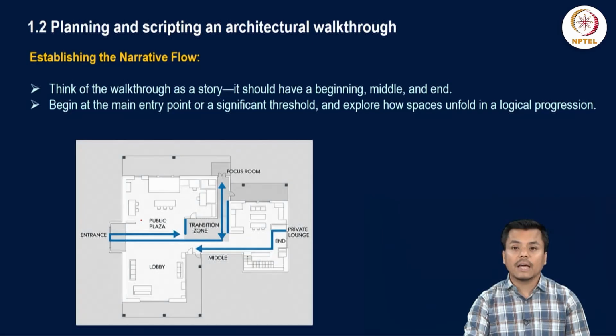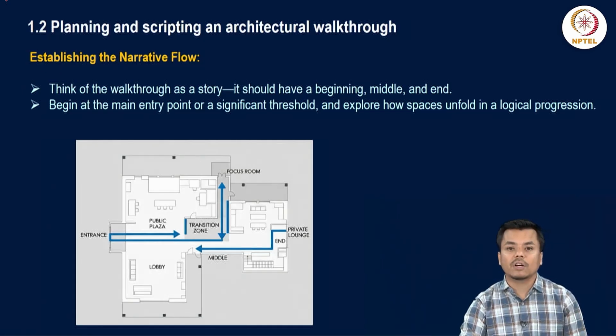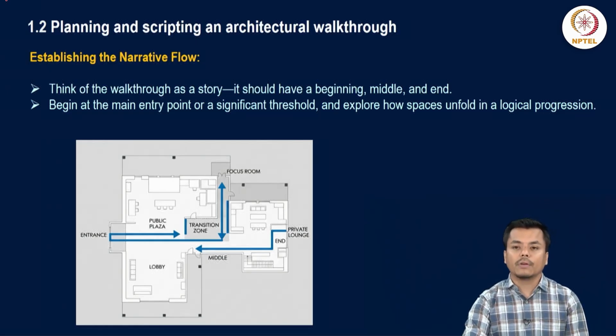So, establishing the narrative flow: think of the walkthrough as a story. You should have a beginning, middle and end. From where are you entering the structure, what different features will you showcase at the entrance, then which space has to be detailed out through the video, where you have to pause and go for a simple walk, and where you have to speed up.